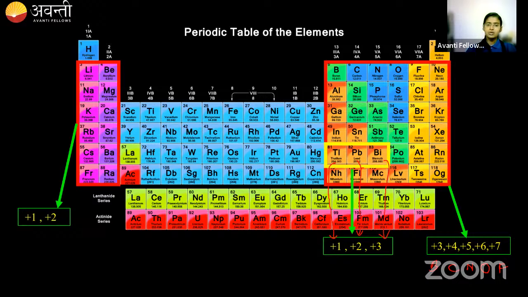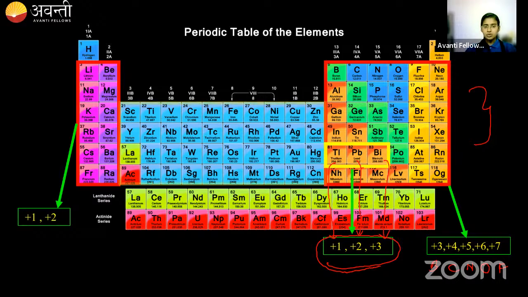I'll tell you why these three elements have this particular oxidation state and why they are stable in these oxidation states when I discuss P block elements. So that time I will discuss why only the last member of each group of P block has this particular oxidation state. Not in this lesson.